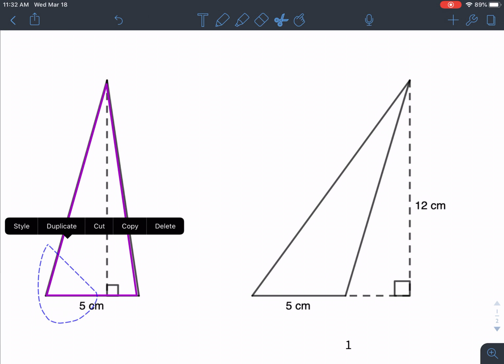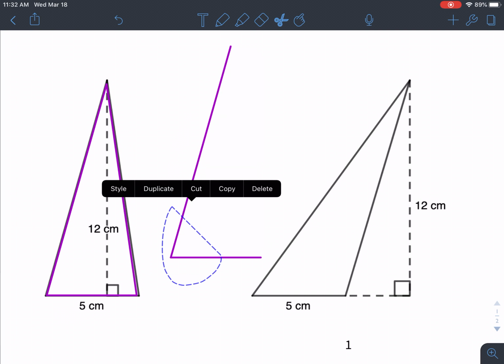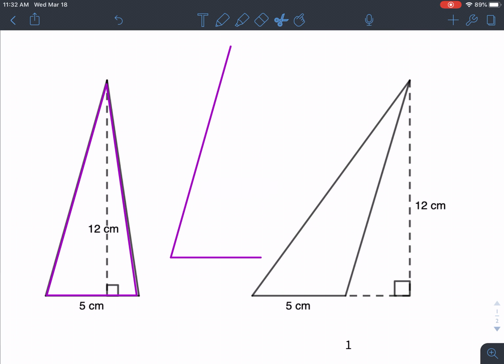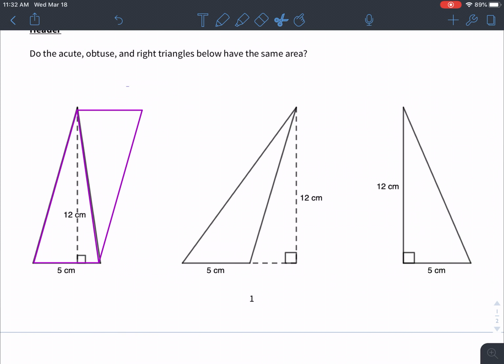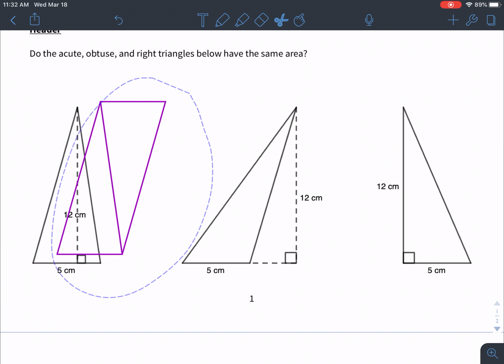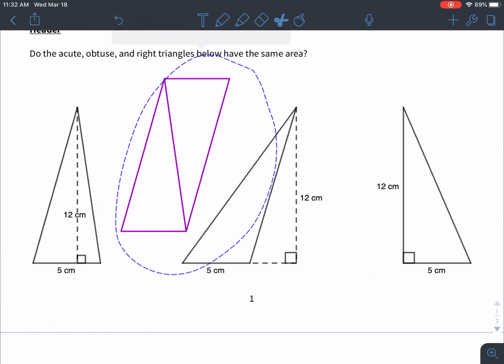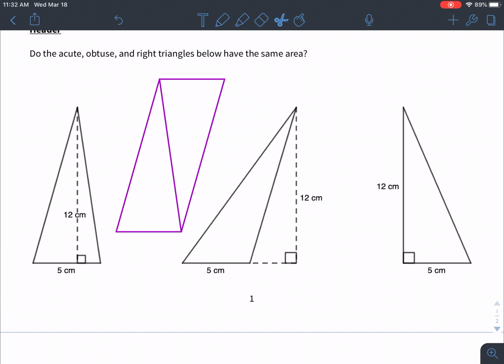And I'm going to duplicate 2 of those side lengths, and translate them so that they meet at the vertices of the third side. Now, I'll pull that off. What is it that you notice about what we've drawn?